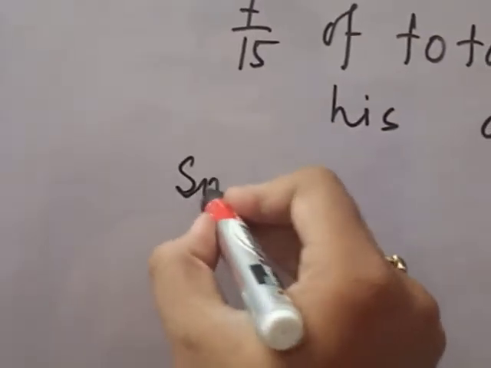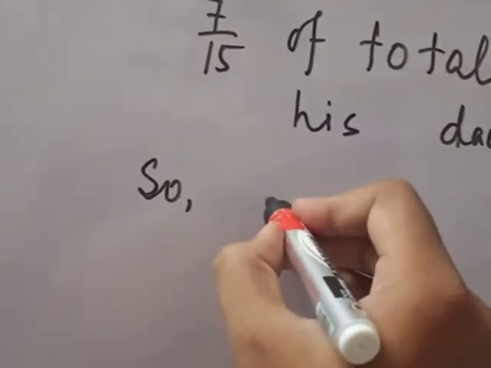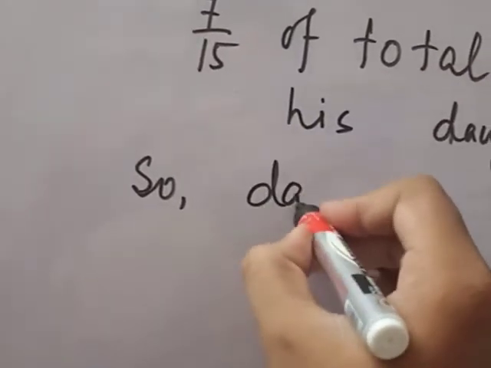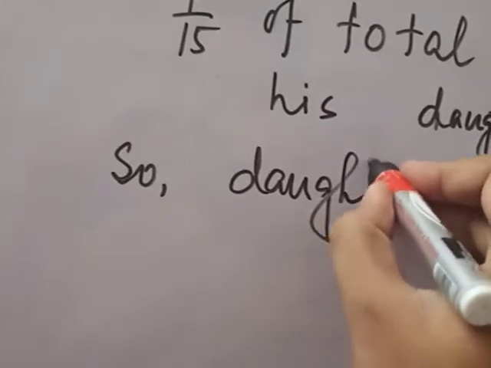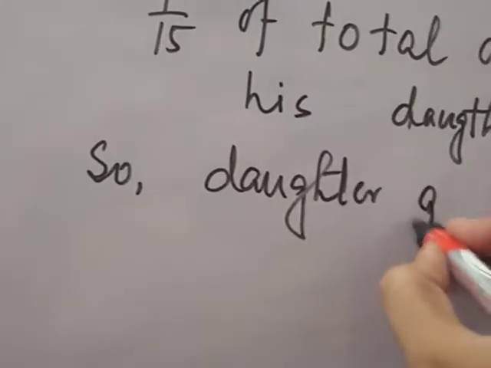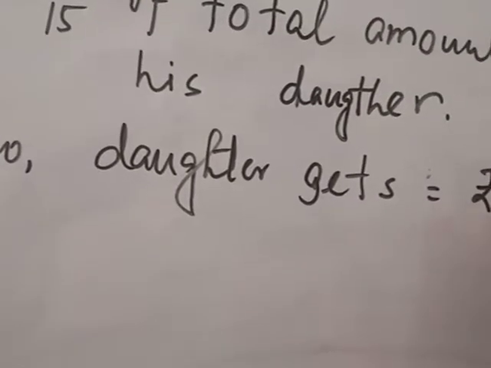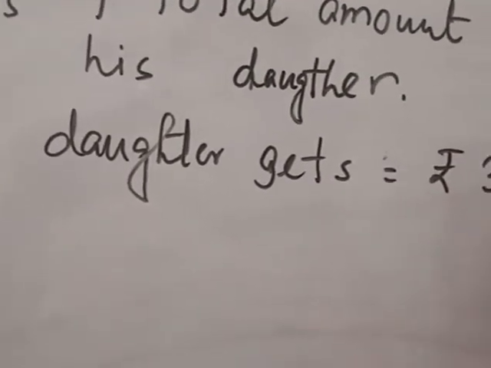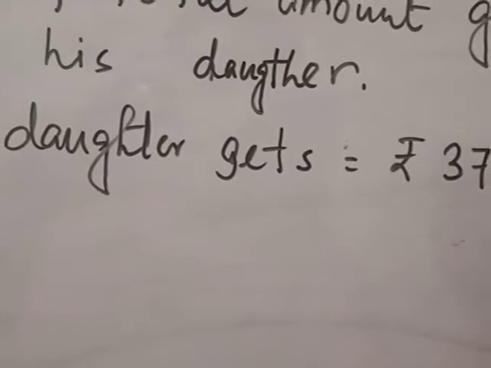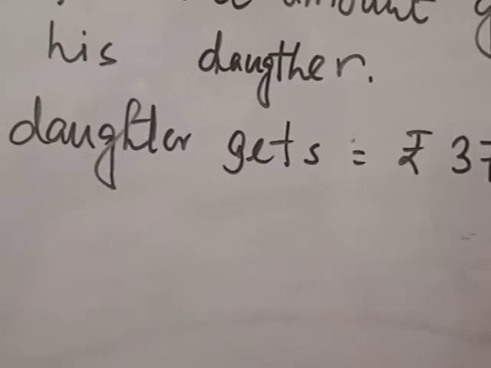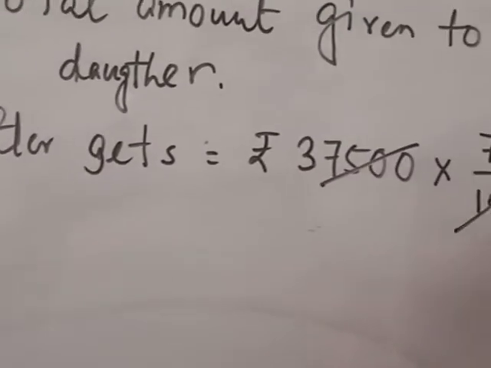So the daughter gets rupees 37500 into 7/15. Cut it by 5 first.